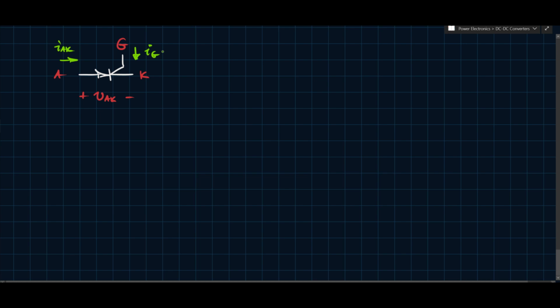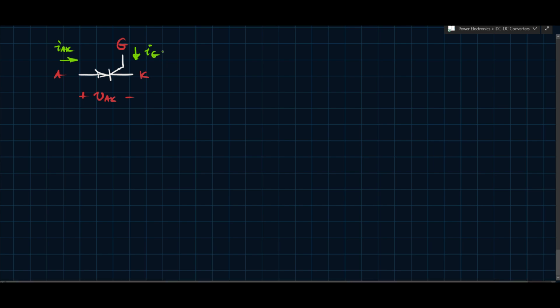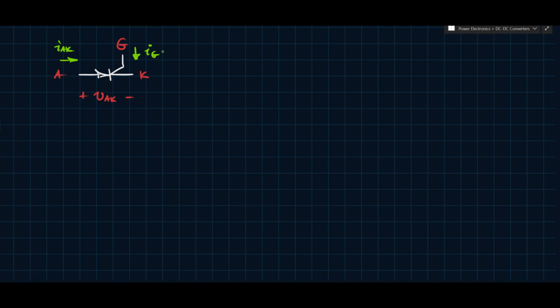So the SCR, or the thyristor, acts like a diode, but it also has another layer of control: it only turns on when you apply a gate voltage. Once you apply the gate current, it acts like a diode. What does that mean?